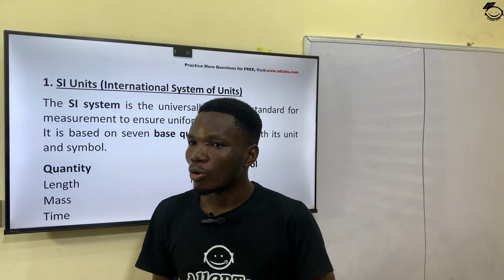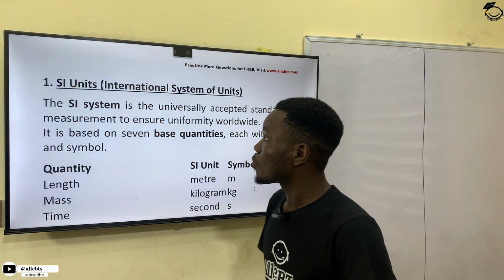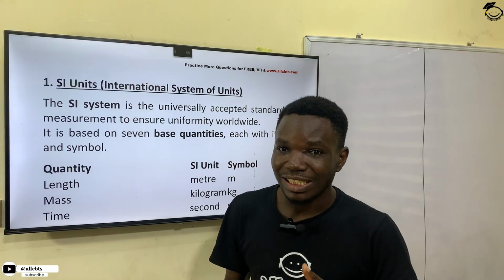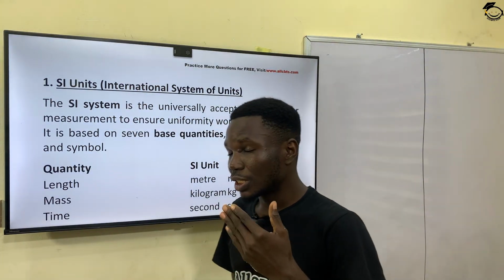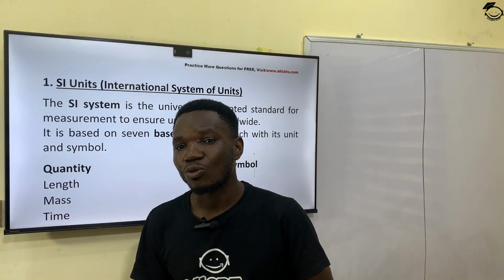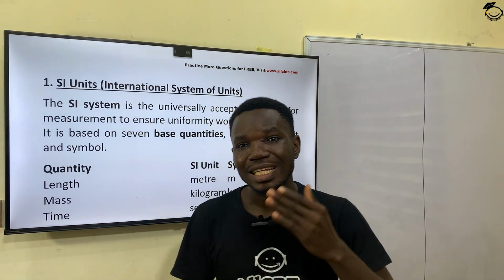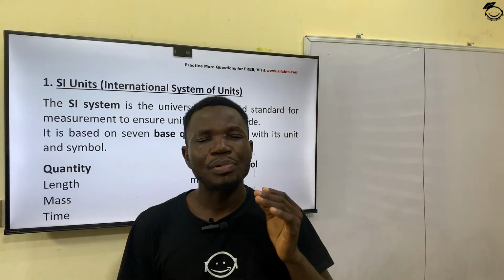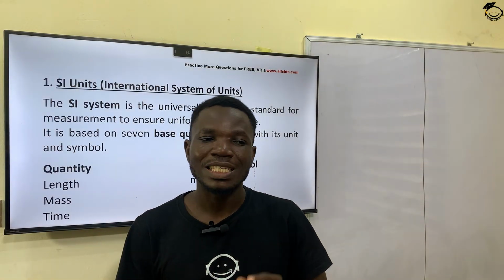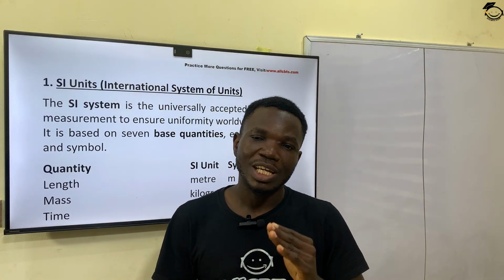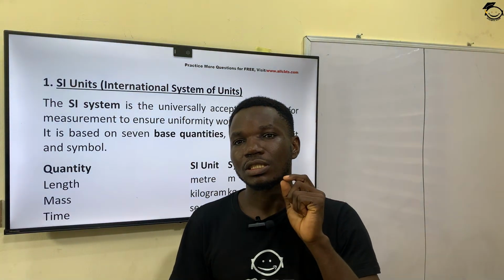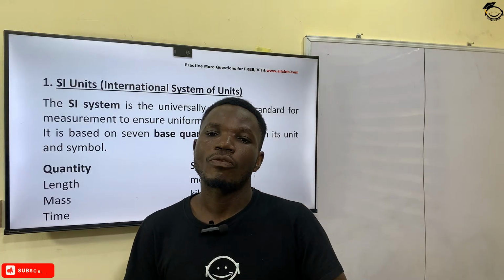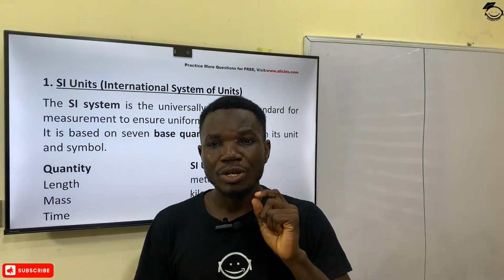So moving on. We have certain units that we call the standard international units. The international system of units is what we call the standard international unit. These standard international units are based on certain quantities. There are 7 quantities, but in some textbooks you see that there are 8. According to the SI, the international system of units, we only have 7.